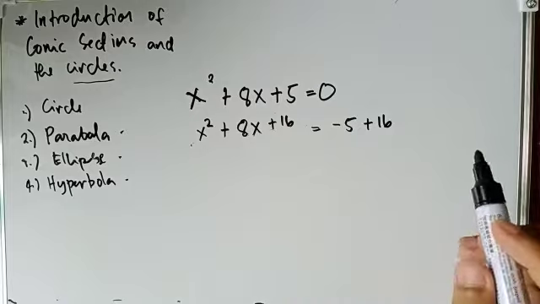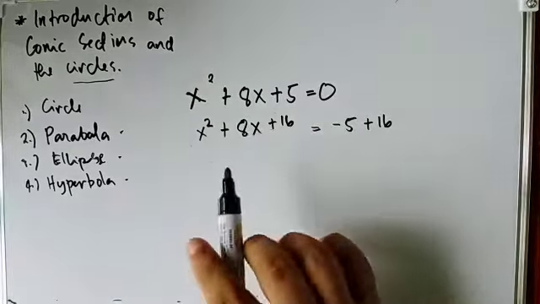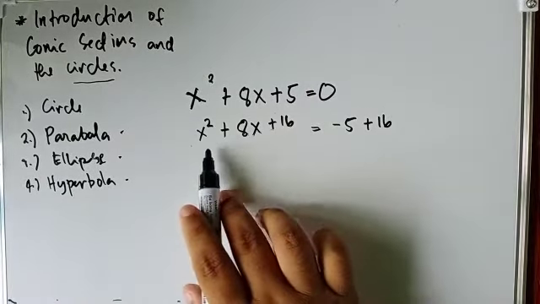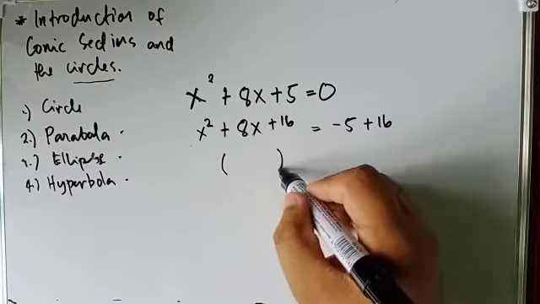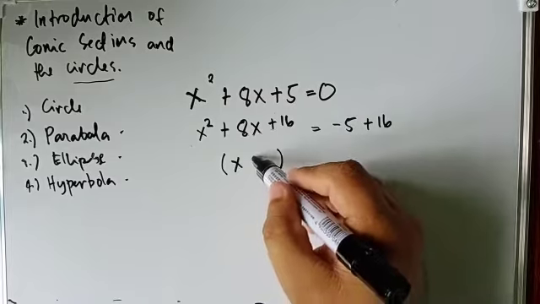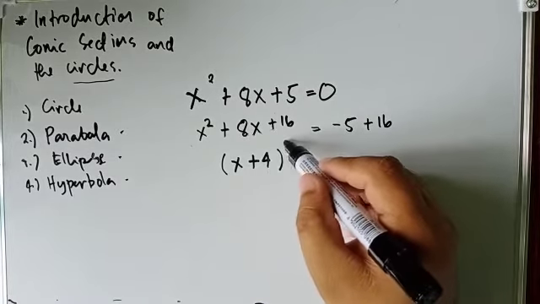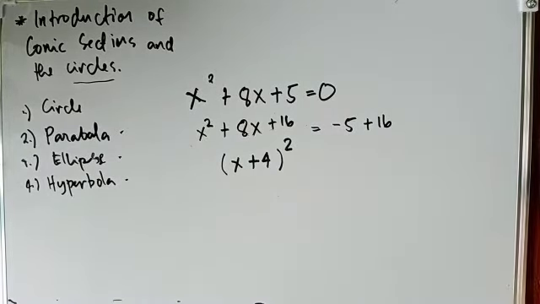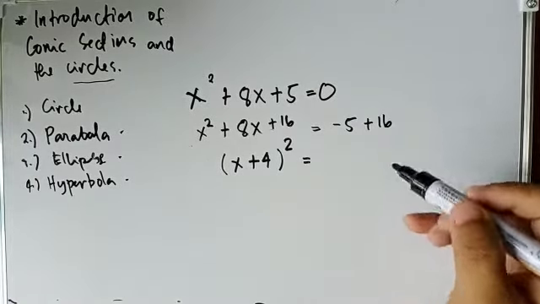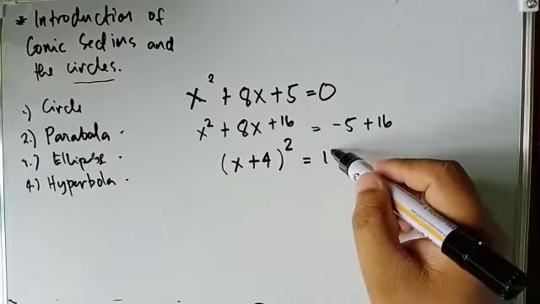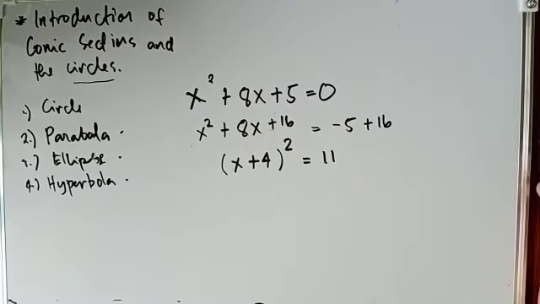Nakuha. Now, we can easily factor this one kasi perfect square trinomial na nga siya. So ano yung factor nito? So we have x plus 4 squared na siya. Nakuha. Is equals to negative 5 and 16. That would be positive 11.